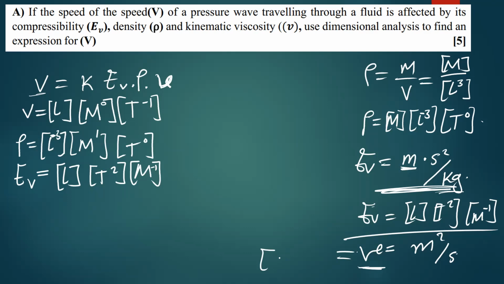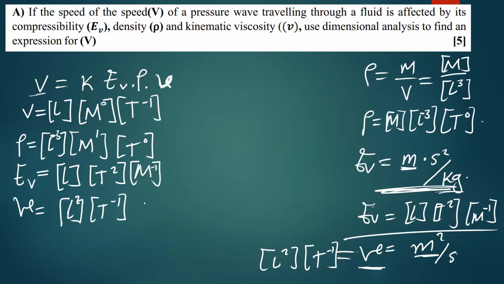We have meters, that's the length, so we have length squared, and the second is simply time. So this is going to be time to the power -1. So we have V, kinematic viscosity, with dimensions L to the power 2, and then t to the power -1. Apart from that, we also have M to the power 0.